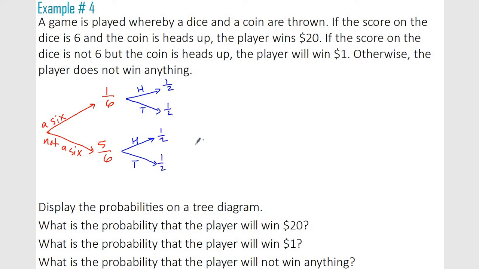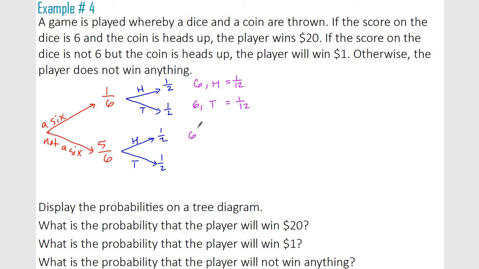Okay, just in general. Now, to get the end result, so getting a 6 with heads. So getting a 6 and a heads, the chance is 1/6 times 1/2, so that's 1/12. The odds of getting a 6 and a tail is 1/12.